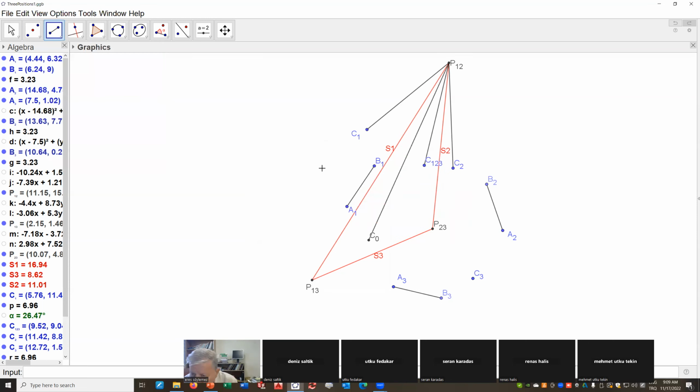Okay? Now, we have determined C0 by drawing the circle through 3 points. Please keep this construction in mind.